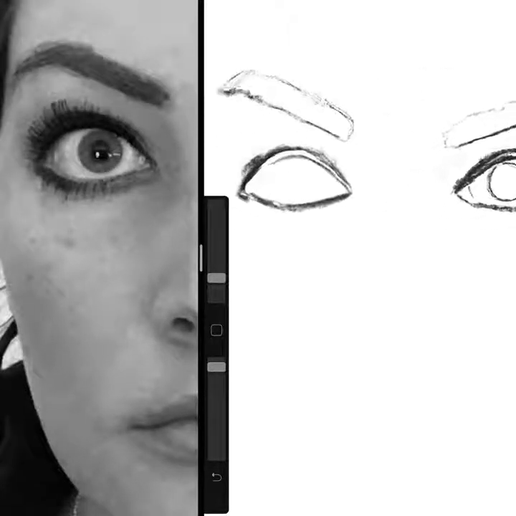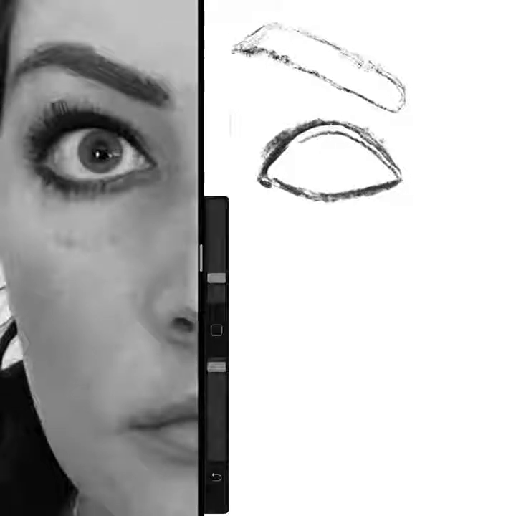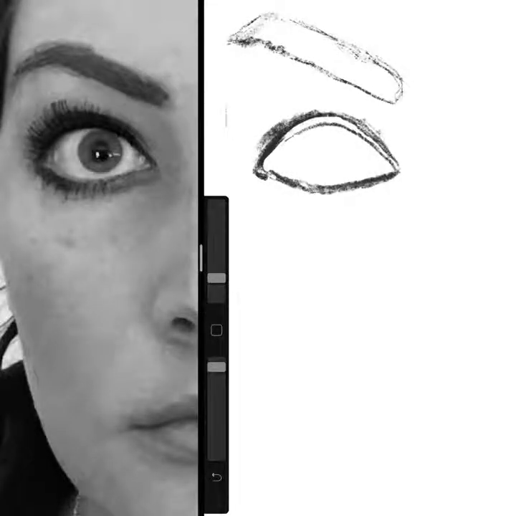Now I'm looking at the other one. Oops. Okay. So I'm just sort of eyeballing it, haha, and I think I'm pretty close. Maybe not.